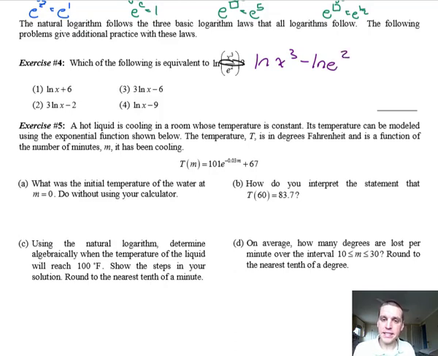The same idea applies for the power rule also. You see a power with a natural log. The key thing is it's a log, so we still are using the logarithm rules. The 3 comes out in front, so we're left with 3 ln of x. We just stated that ln and e are inverses of each other, and the ln of e squared is only 2, so it's just 3 ln of x minus 2. Choice 3.